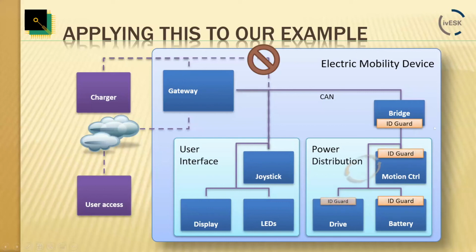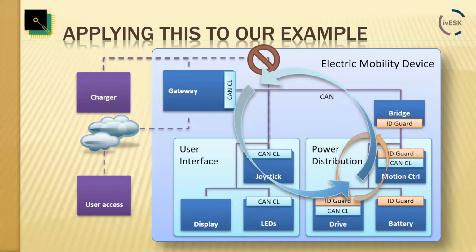Then, as we said, ID guarding is so easy and simple. Try to do this as much as you can to protect your individual domains or parts of the system. So those can go here. When it comes to the CAN security layer or cryptology layer, these can be in selected nodes. Here in this example, I chose a joystick, with direct drive commands and status coming back from the drive, as well as the gateway, which obviously would have to have secure communication.